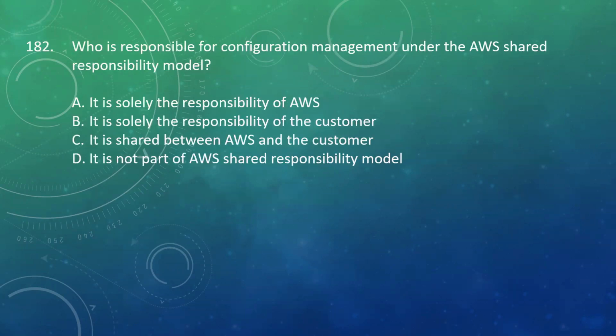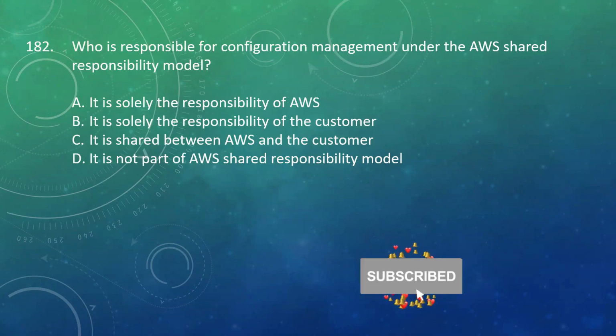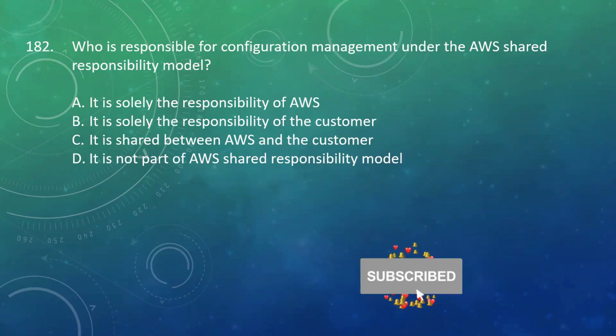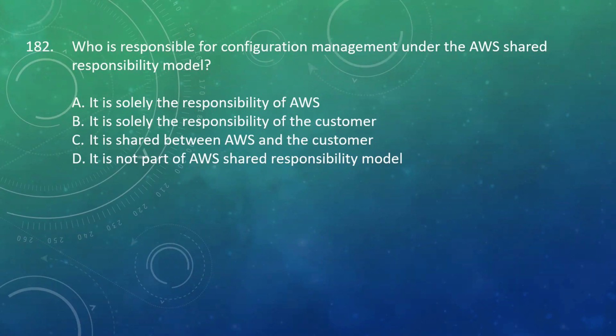Next question. Who is responsible for configuration management under the AWS shared responsibility model? Your options are: it is solely the responsibility of AWS, it is solely the responsibility of the customer, it is shared between AWS and the customer, it is not part of the AWS shared responsibility model.